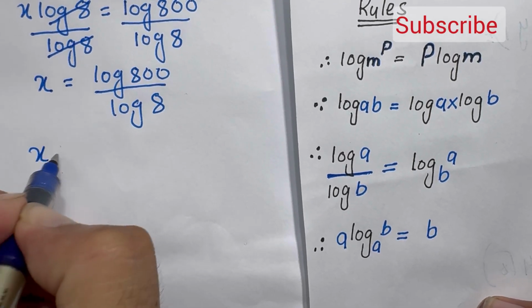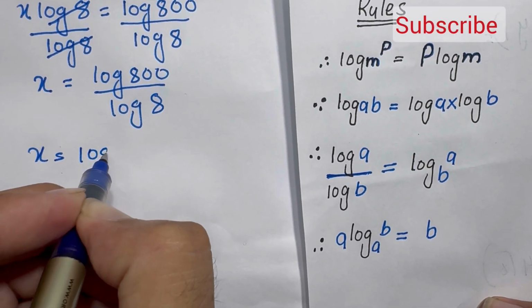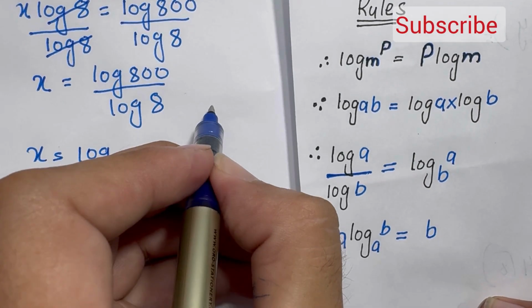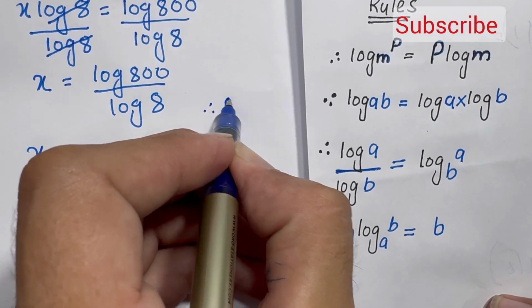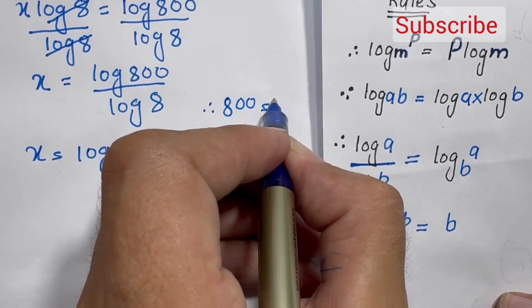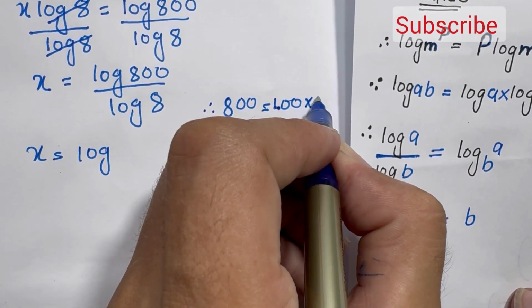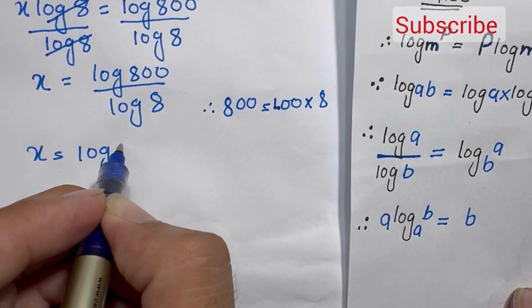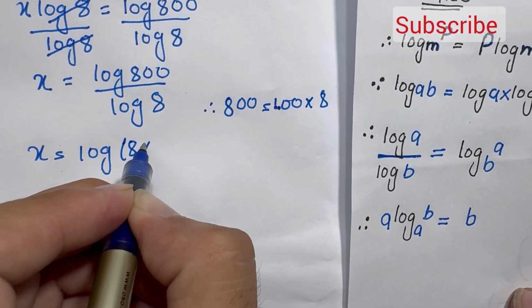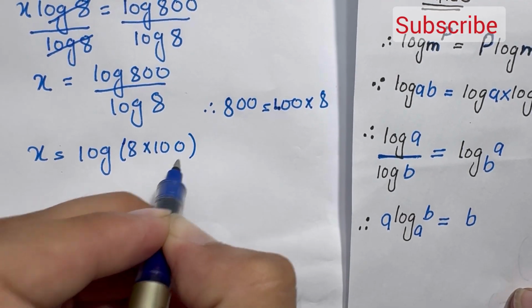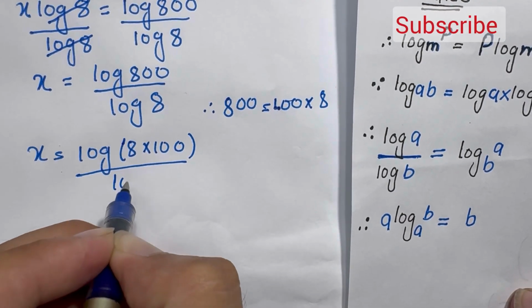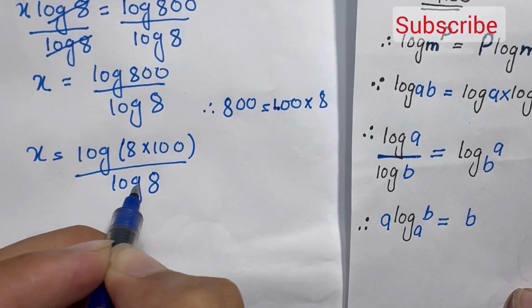Now I can write this 800 equal to 100 multiplied by 8, so log of 8 times 100 divided by log 8.